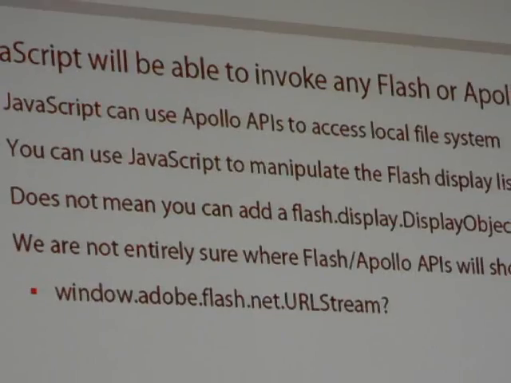And that's pretty powerful, because the URL stream allows you to download bytes from just about any URL on the internet, subject to security constraints. And you can actually read the bytes, whereas today in HTML, you can really only load XML using XMLHttpRequests. There's no way of loading bytes off a URL unless the server has encapsulated that in a CData section or something like that.